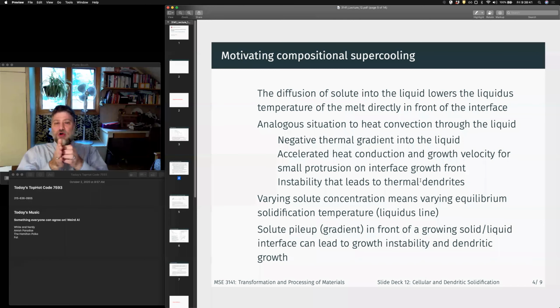So a small protrusion on the interface grew into a long dendrite. That type of instability leads to thermal dendrites forming. Today we're going to look at how the solute pileup leads to a similar instability and gives us dendritic growth in the same way.